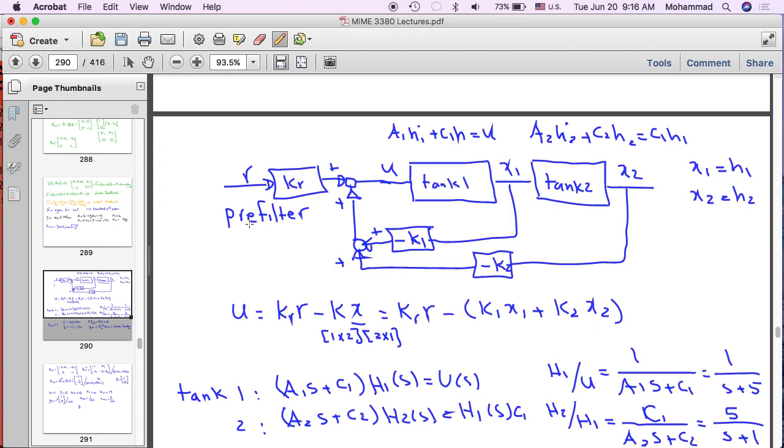So now here's the question. What should the pre-filter be so we have zero steady state error? So the controller delivers what it's supposed to deliver.